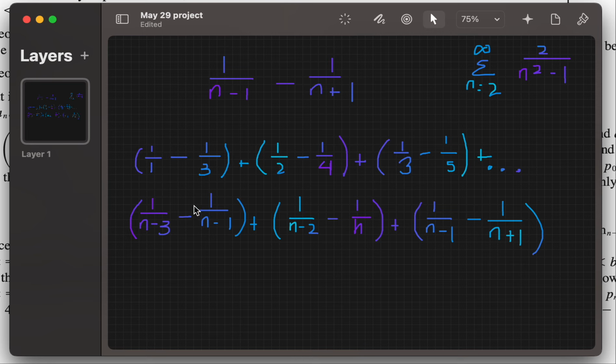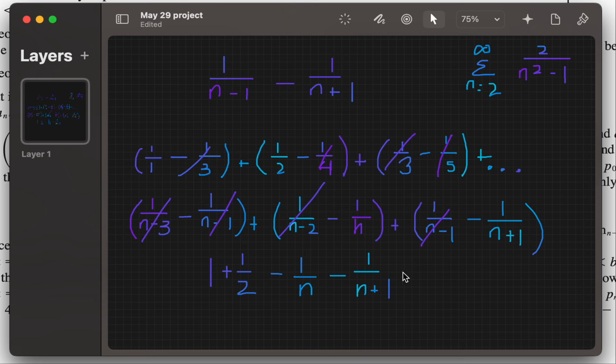All right, so you will see that the middle parts should cancel out, leaving you with 1 plus 1/2 minus 1 over n minus 1 over n plus 1.